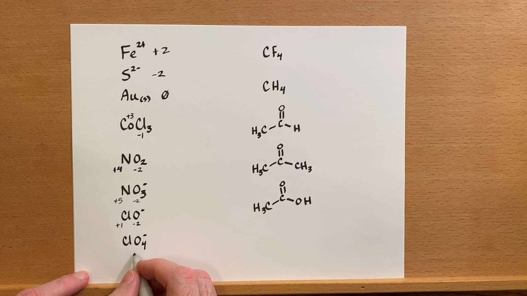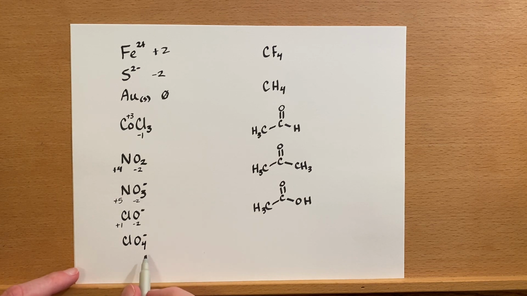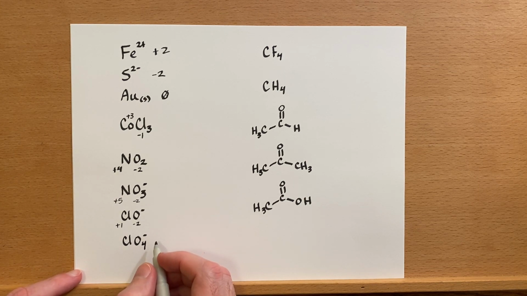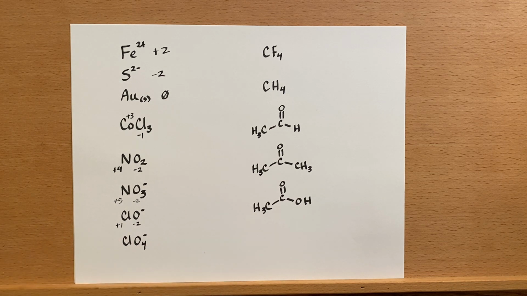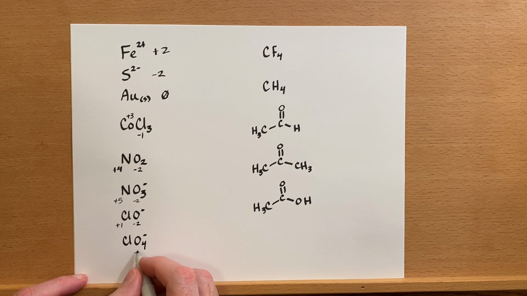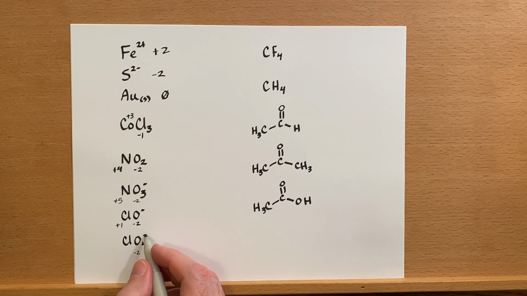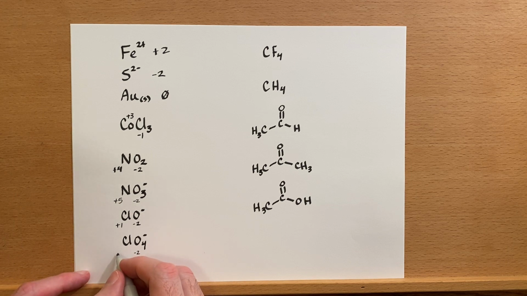All right. Now down to the perchlorate ion. Got that one right. In that case, we have still -2 for the oxygen, which makes this whole part right here -8. And we really need this to be -1, so we've got to counteract 7 of those charges, so this is going to be +7.